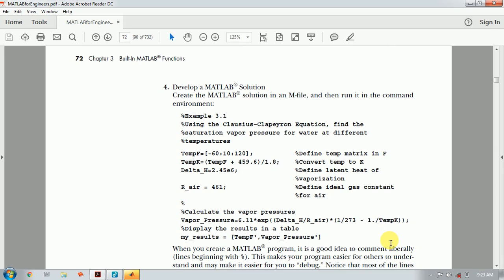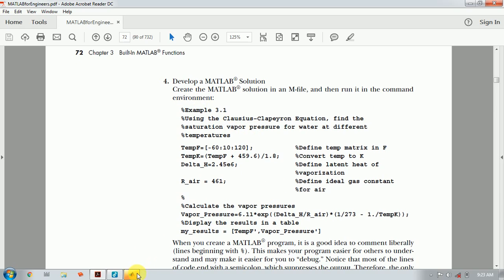Okay, we use MATLAB as the solution to solve this equation. For example, this is the script of the MATLAB. If we input it in the MATLAB program, what will happen? Let's try.